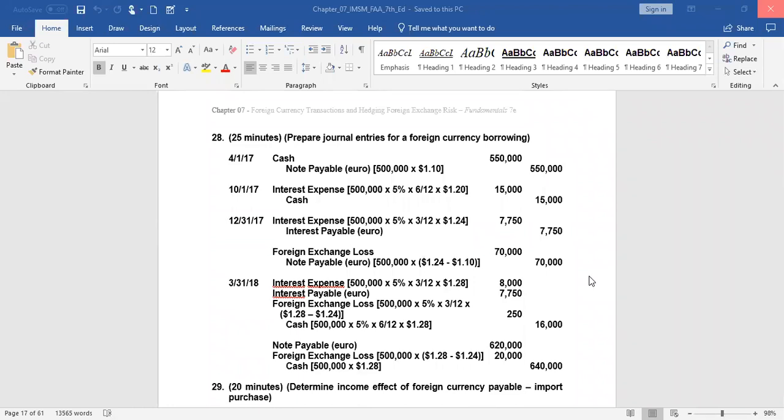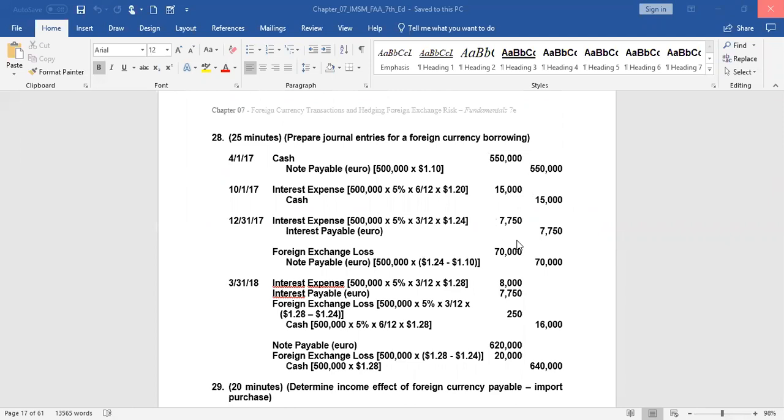So that is 500,000 times 0.05, 12,500 euros. But 1 euro is $1.20 now. So how much are they paying in terms of dollars? $15,000. So debit interest expense, credit cash for how much in terms of dollars they're paying on October 1st.